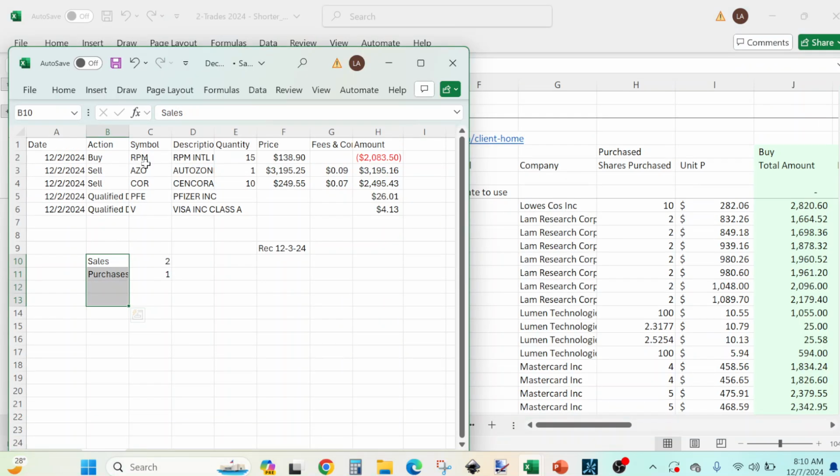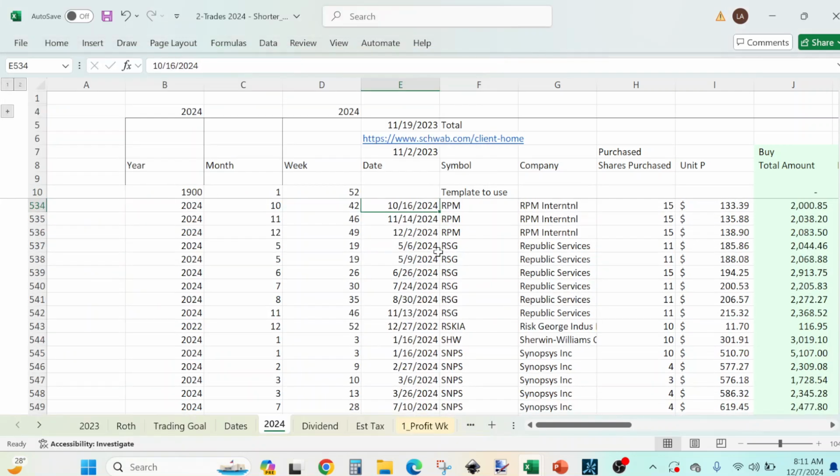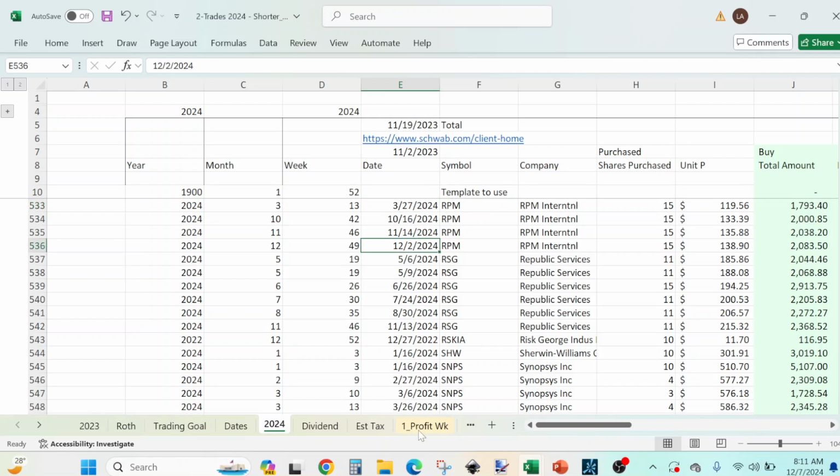We have RPM, and we'll go to RPM, and if all those dates are accurate, then we are tracking those two reports in different ways. We are capturing different things. So we do have that December 2nd here for that purchase. So we'll go back to see, that's the only thing we bought on the 2nd.